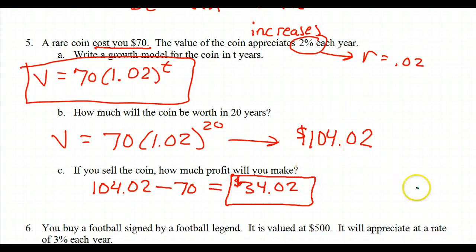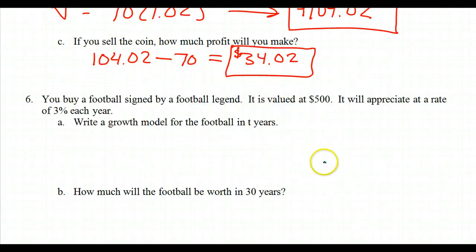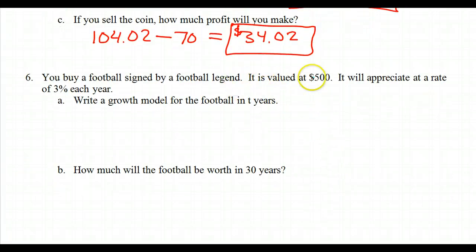Now last problem. You buy a football signed by a football legend. It is valued at $500. It will appreciate, meaning increase, at a rate of 3% each year. 3% is a growth rate of 0.03.